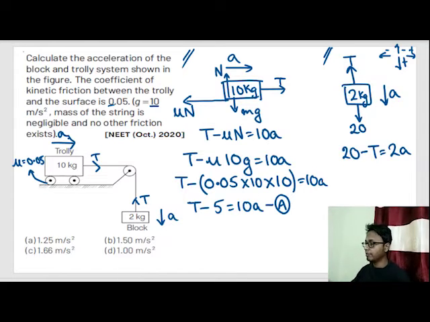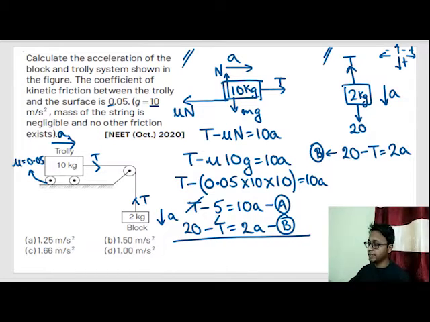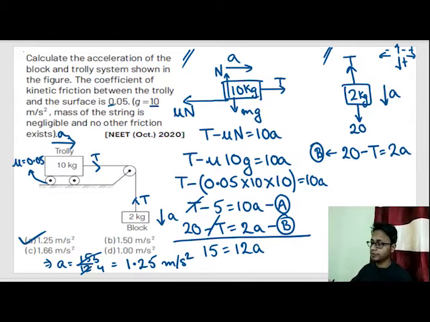This is our equation B. When we add these two equations, T and T get cancelled. 20 minus 5 is equal to 15, and 10 plus 2 is equal to 12, or a is equal to 15 by 12. 3 fives are 15, 3 fours are 12, or 5 by 4, which is equal to 1.25 meter per second square. Now let's read the next question.